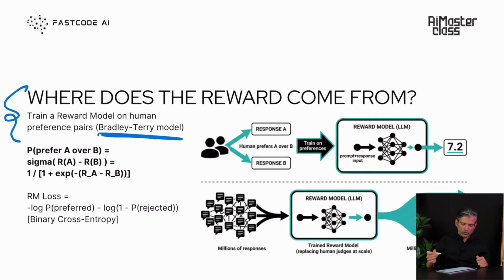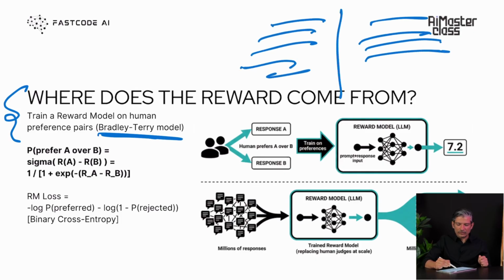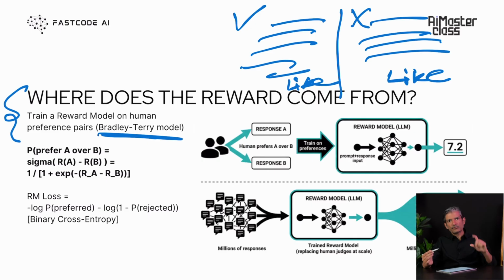You may have seen in Gemini, in ChatGPT, it gives us two different outputs, and then it says, okay, I like this one versus I like this one. So as a human, you're choosing this over this. This is how you collect data, and this data is categorical data, basically classification data.